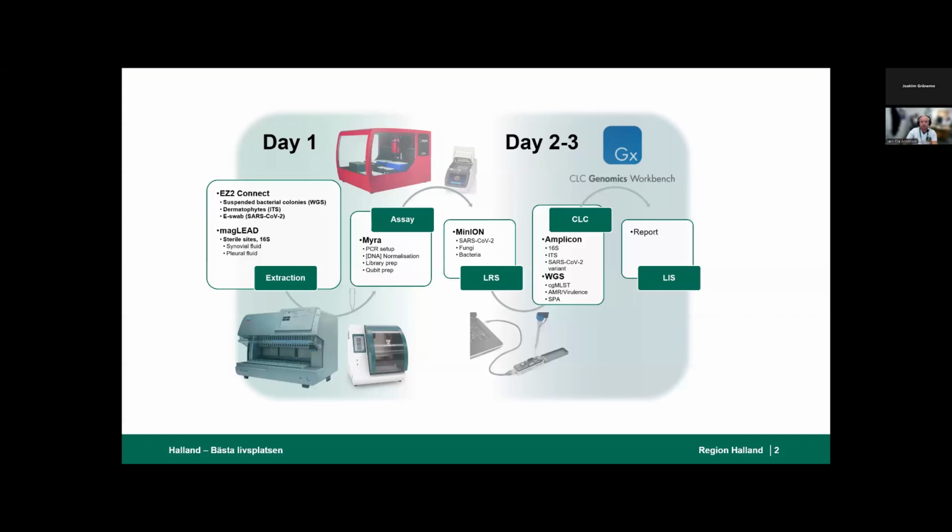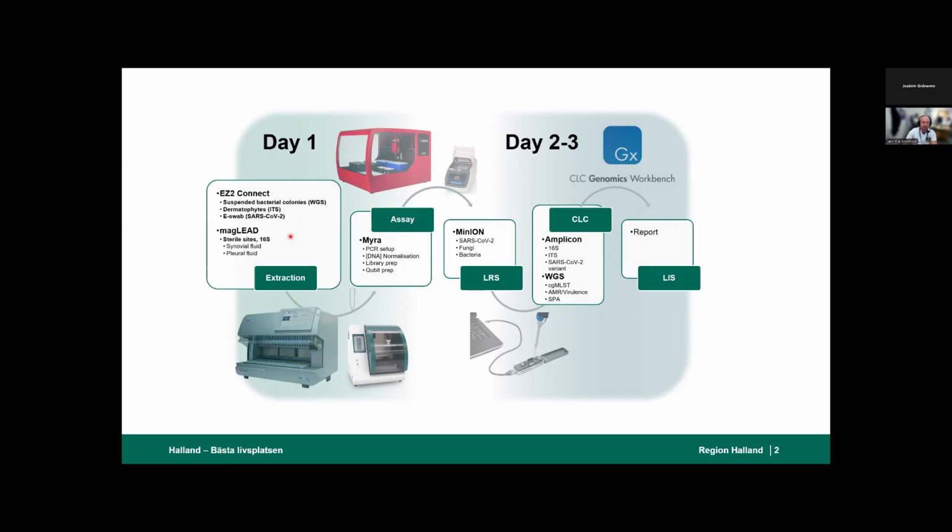Let's begin by taking a quick look at our workflow as a whole. We use two different extraction platforms depending on the origin of the samples. The main platform is the EC2 Connect, where we extract bacterial colonies for whole genome sequencing, and nail and skin tissue for fungi, and eSwabs for SARS.